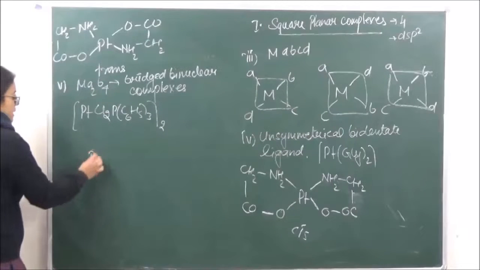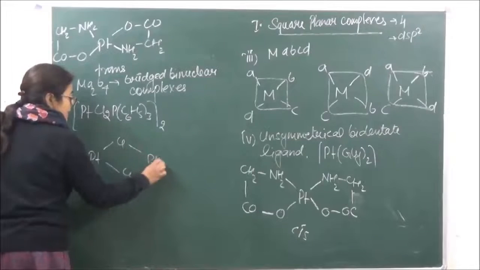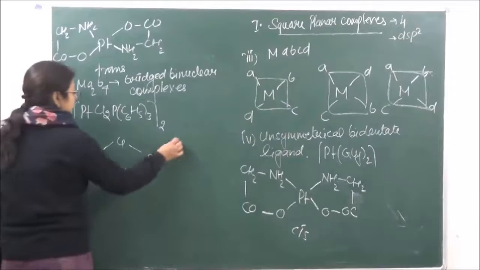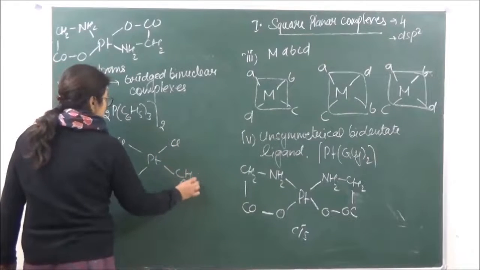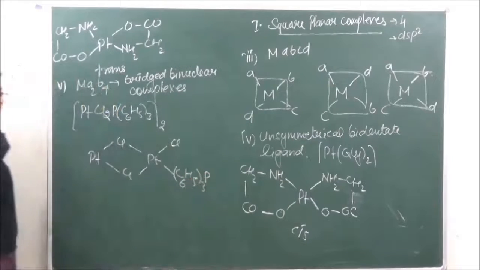We have platinum, chlorine, platinum and platinum, right? And we have chlorine on one side and we have triphenyl phosphine on one side.